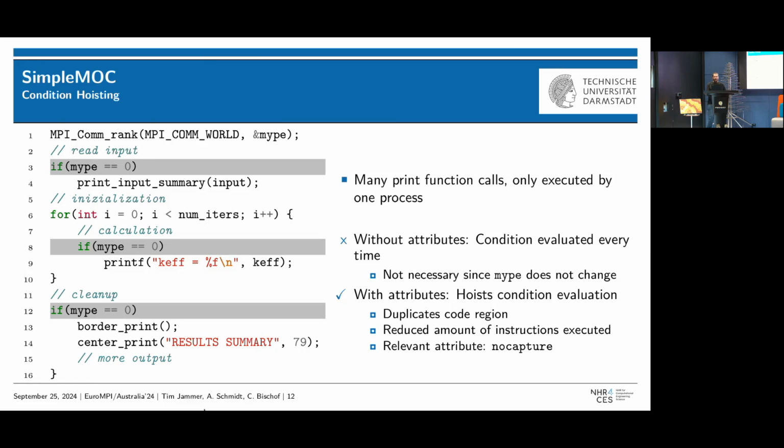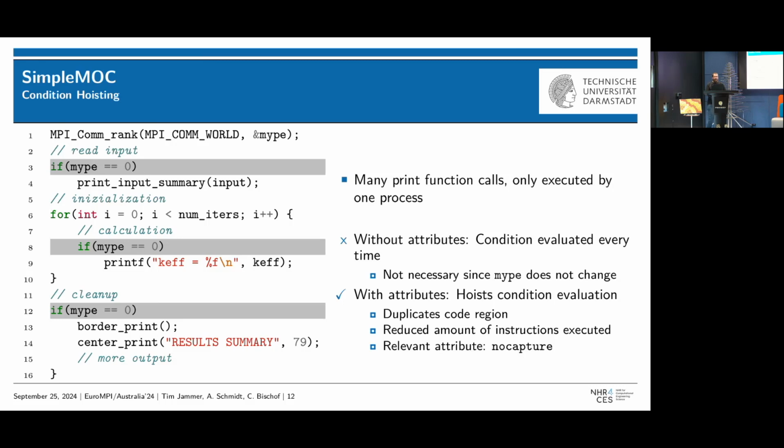In this case, this means that a lot of code is duplicated, so if you have a look at the binary, the size of the binary can increase, because basically all the code here is duplicated. But the amount of instructions that we need to execute during runtime will actually decrease because we only need to evaluate the condition once and not every time.